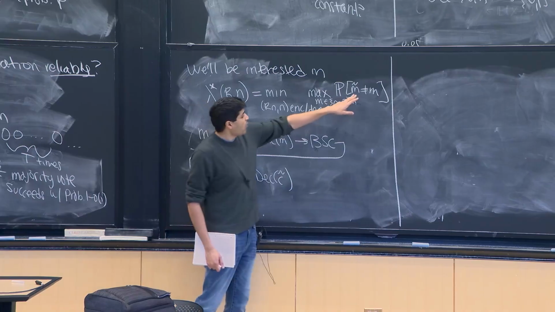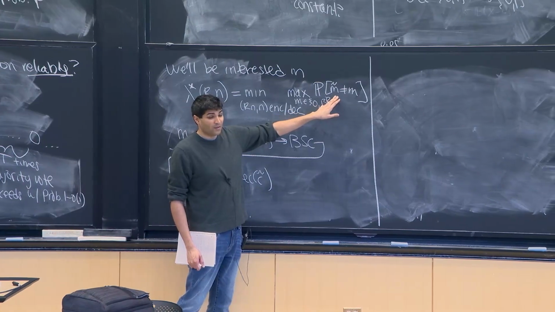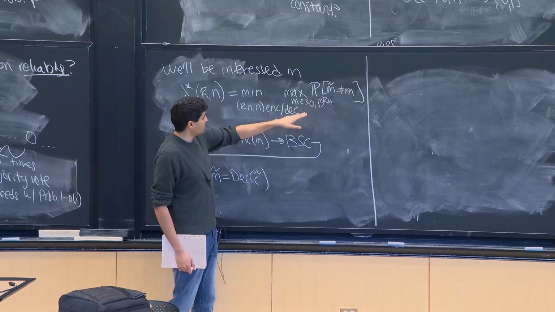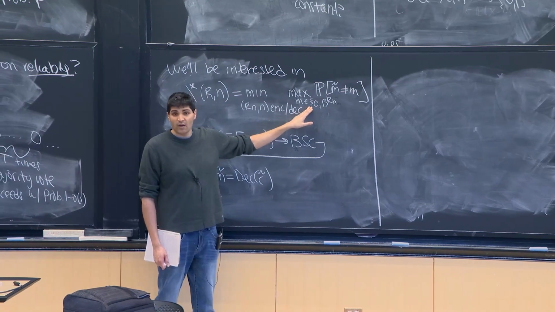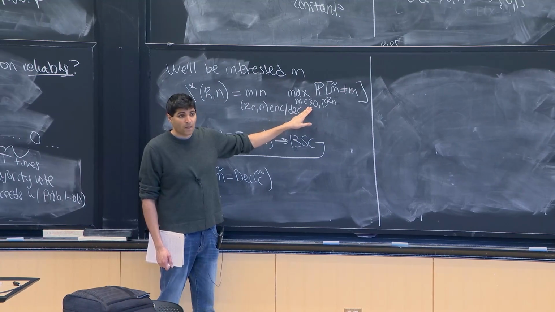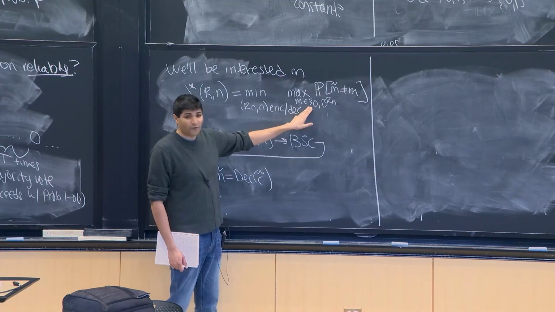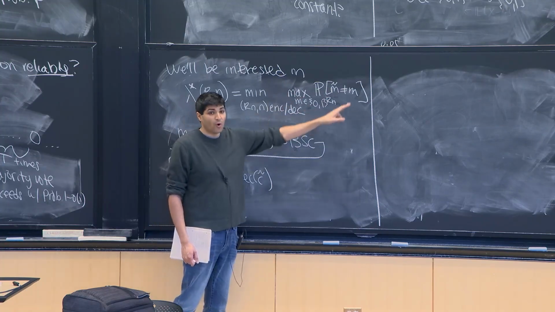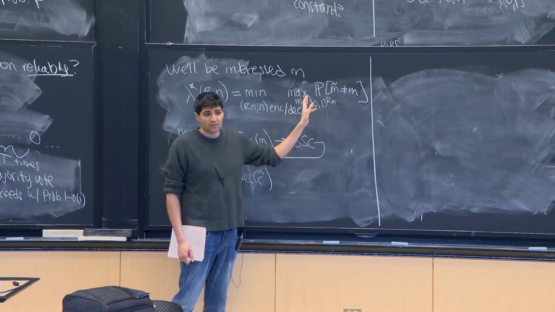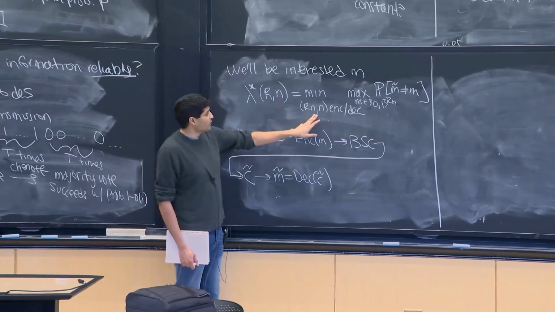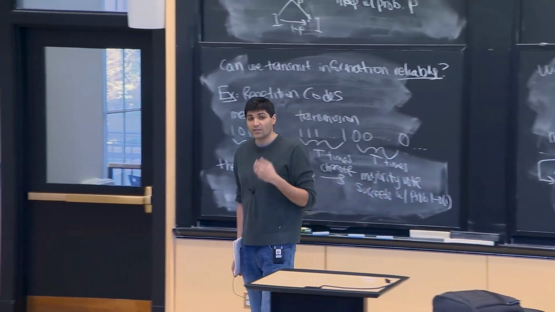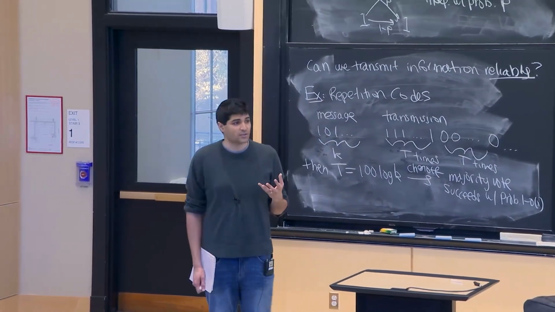Now, I want this probability, the probability that I fail to get the correct message, to be small irrespective of what message you're sending me. So I look at how bad the failure probability can be in decoding in the worst case over all of my input messages. And then this latter thing is I want to create an encoding and decoding scheme that is good for all possible messages.